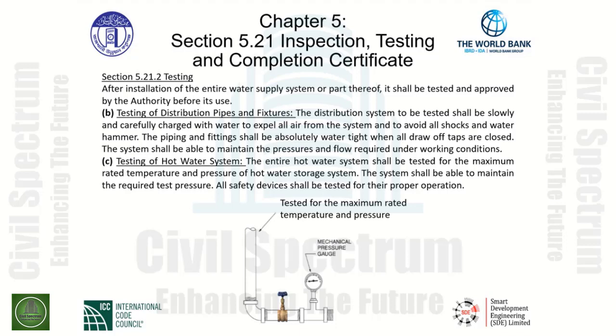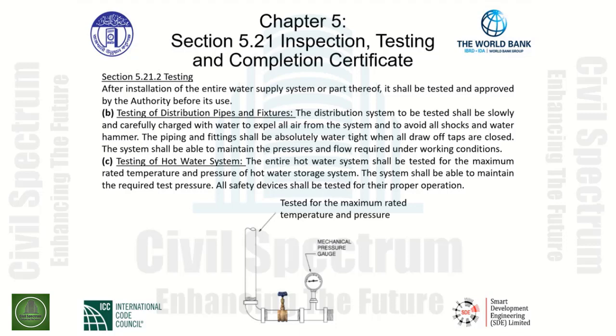The distribution system to be tested shall be slowly and carefully charged with water to expel all air from the system and to avoid all shocks and water hammer. The piping and fittings shall be absolutely watertight when all draw-off taps are closed. The system shall be able to maintain the pressures and flow required under working conditions.